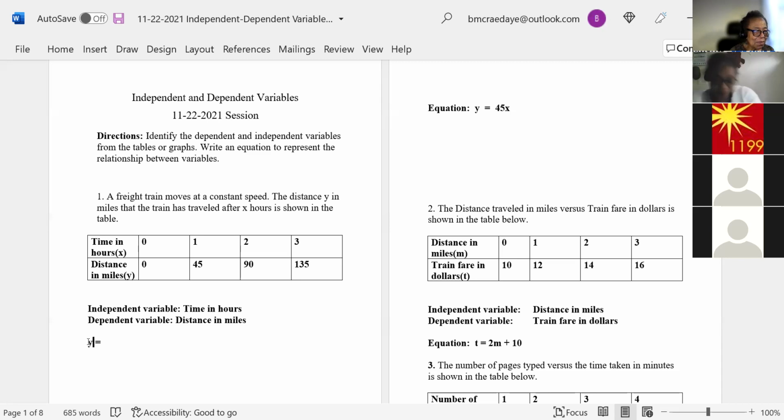Dependent variable, distance in miles. How is that related to the independent variable, Vanessa? How is y related to x, the time?